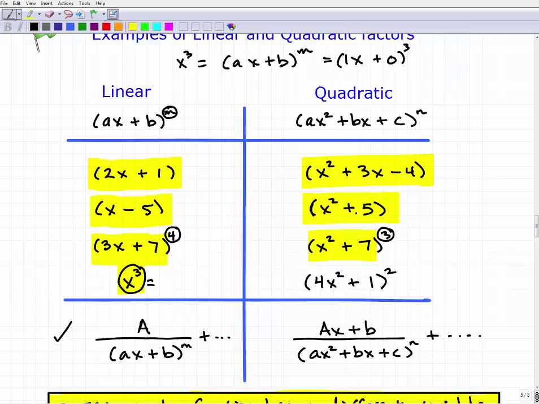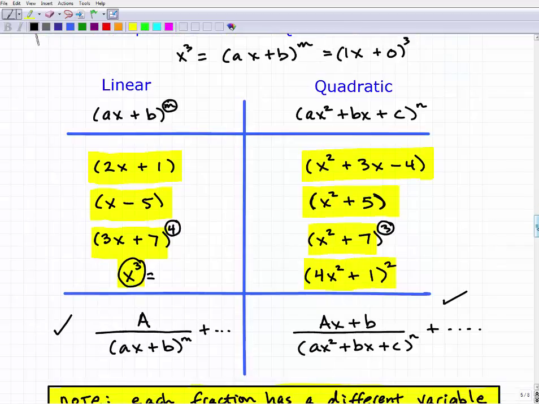So this is a factor that cannot be factored any further. And then down here, you have another example of a quadratic factor. So, quadratic factors, linear factors. Hopefully you can understand the difference between the two. When you see quadratic factors, you're going to be using a different pattern than for linear factors.